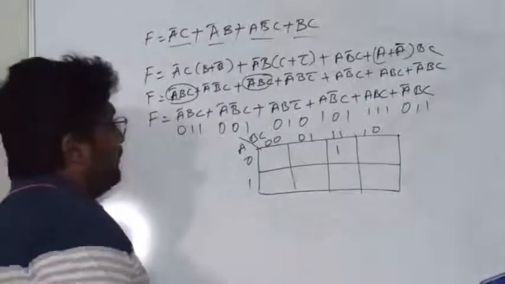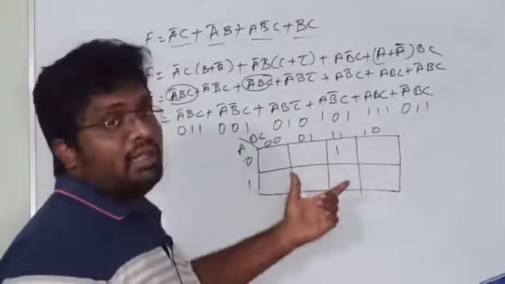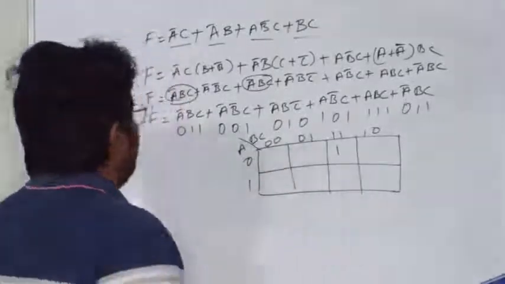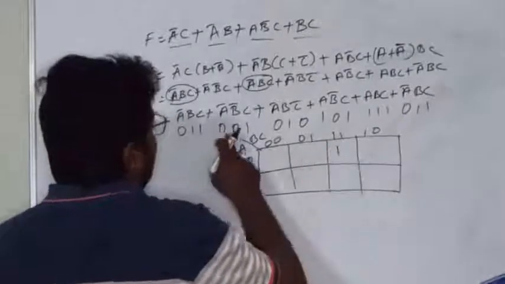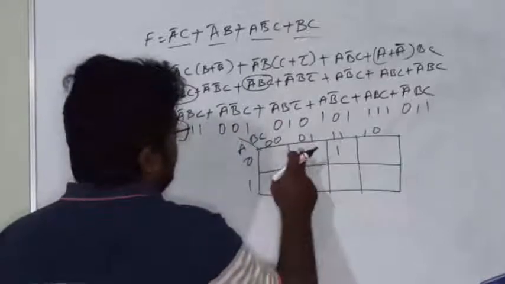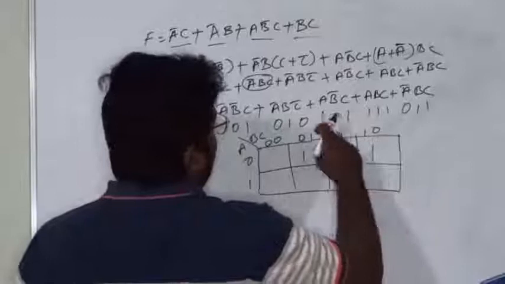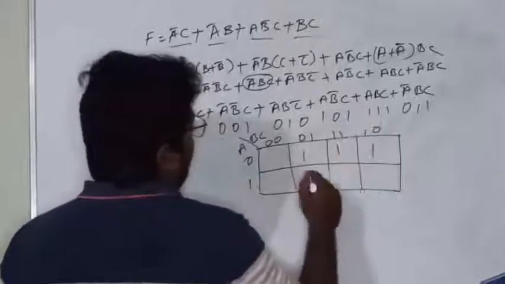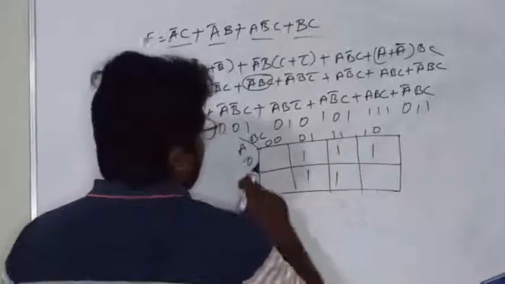So first I will be representing the min terms, and then I will remove those min terms and place the max terms, right? So this is 1. So next one is 0 0 1, 0 1 0, 1 0 1, 1 1 1, 0 1 1.